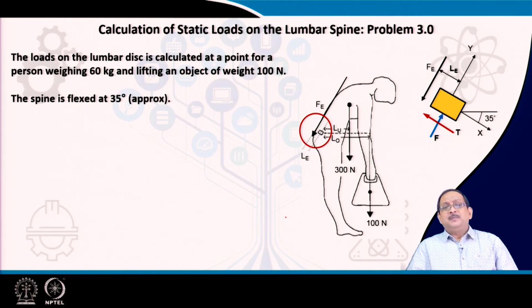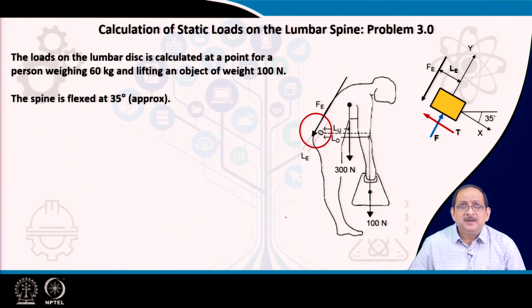Now, let us discuss the static loads. We will perform some calculations of the static loads on the lumbar spine, and this is the third problem that we are undertaking.